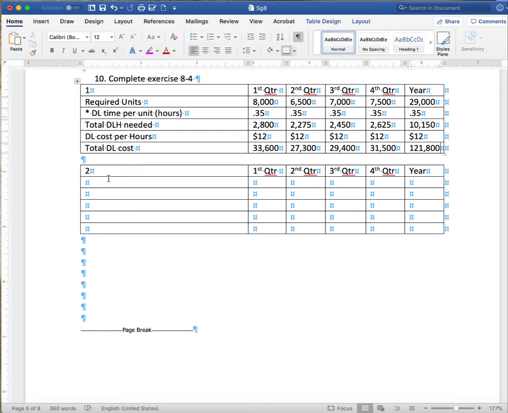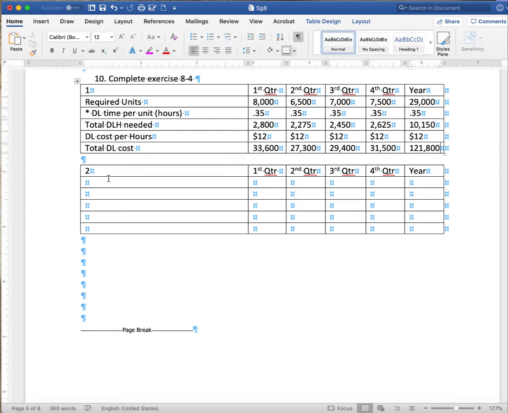If the number of required direct labor hours is less than the 2,600, the workers are paid for 2,600 hours anyways. Any hours worked in excess of 2,600 hours in a quarter, we have to pay these people at a rate of 1.5 times the normal hourly rate of direct labor.